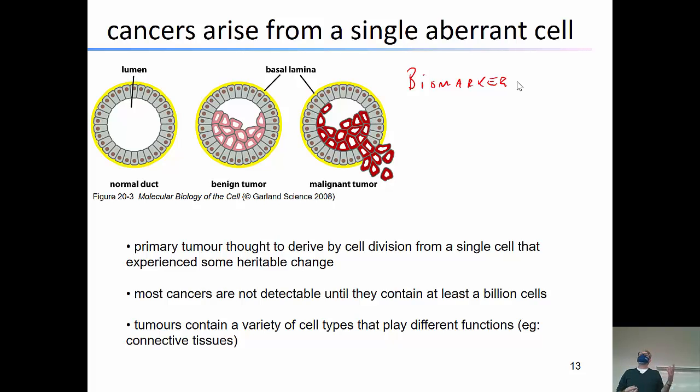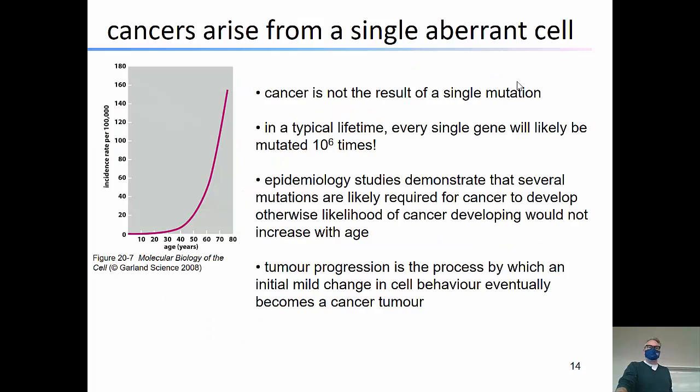In contrast, if we could find these from, say, a blood test or a urine test or a stool sample, people are more likely to get tested, and the sensitivity may, in fact, be higher for these. Okay? And so this is why we hear a lot about biomarkers. And the bottom one is just that there's many different types of cancers, but we'll explore that as we move on.